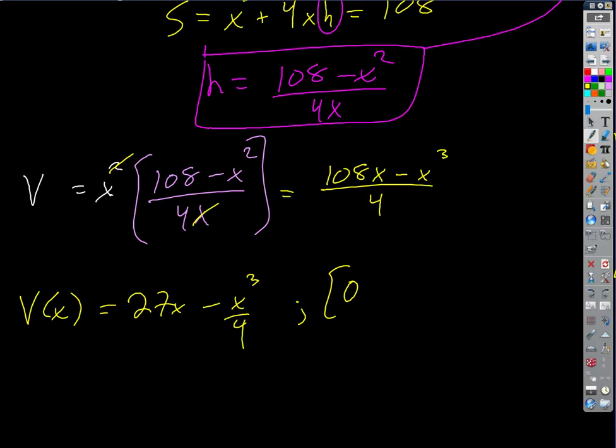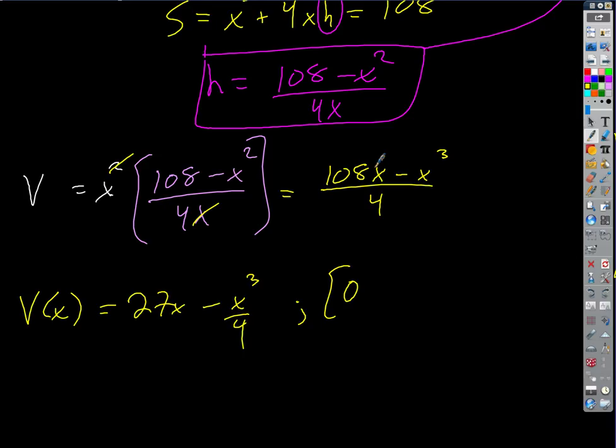Because if I split this apart, I'm going to get 27 over x minus x over 4, my equation for h. And so if x went to 0, h would go to infinity. Everybody see that? Because the bottom of one of these fractions would approach 0 while the top stayed the same.